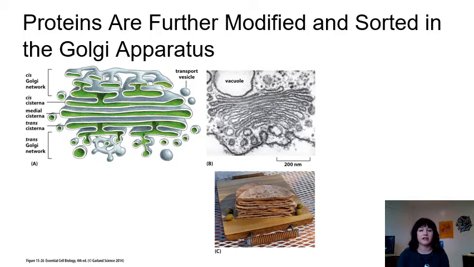The way that you can tell which side is which is that the cis face of the Golgi is always facing more towards the interior of the cell, closer to the ER where those vesicles are coming from. And the trans side of the Golgi apparatus is always facing more to the exterior of the cell because these vesicles, once they get through the Golgi, are going where? Out of the cell. Right? So in this electron micrograph, I've labeled for you the cis and the trans side.